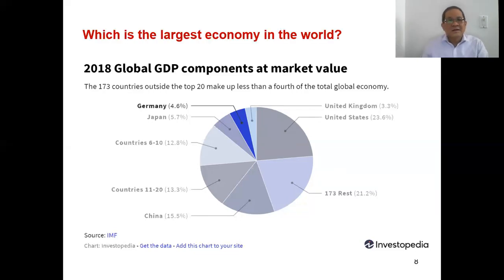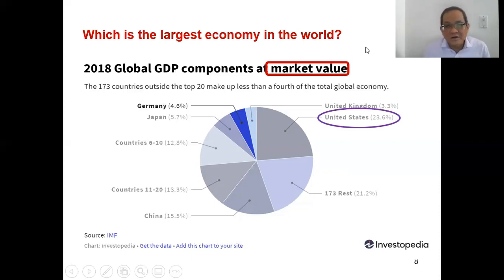So when we try to answer a question like what is the largest economy in the world, we would say that it is the US. But this is based on market value. Market value means that we use an exchange rate at a particular day.